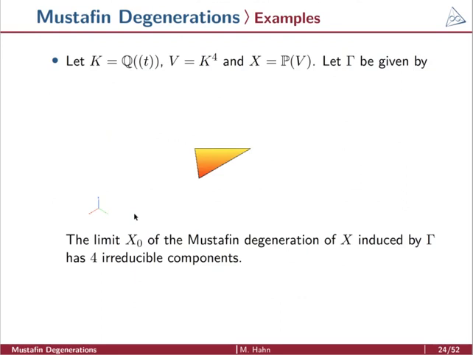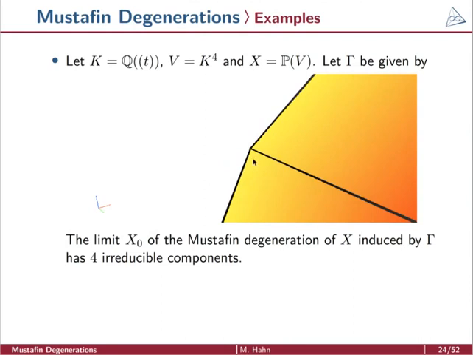Let's do another example. Here we have the base field again, the field of Hahn-Mal'cev series with rational coefficients. As a vector space, we have k to the 4, and X is the projective space. Let gamma be given as 3 points. Here's an image that you can compute nowadays with polymake.